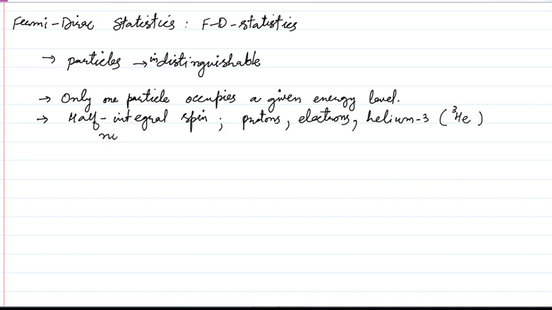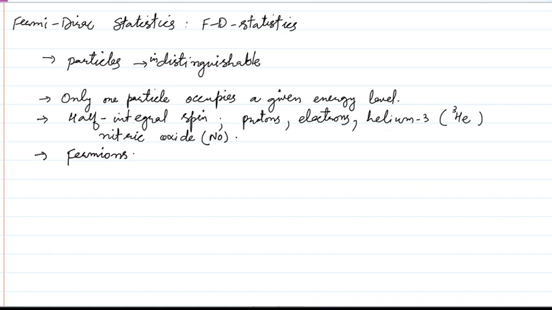One more is nitric oxide. Nitric oxide is also having half integral spin. And the particles obeying this statistics are basically called fermions.